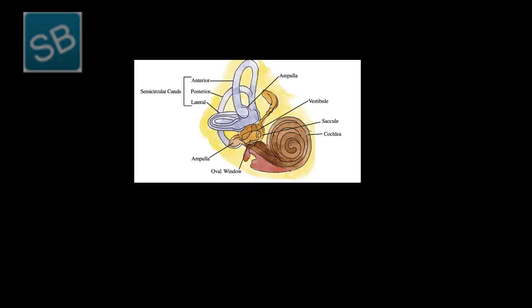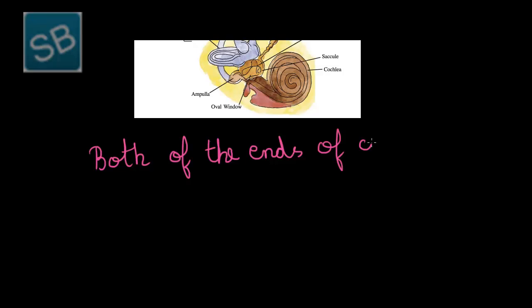Now, as it can be seen from the figure, these all three semicircular canals open at the anterior and posterior end into ampulla. Thus, both of their ends of canals open into ampulla.